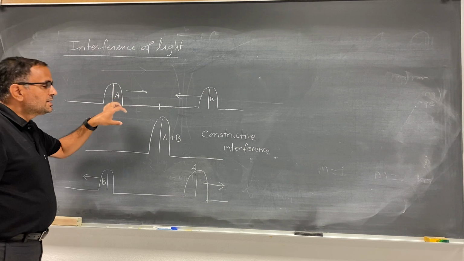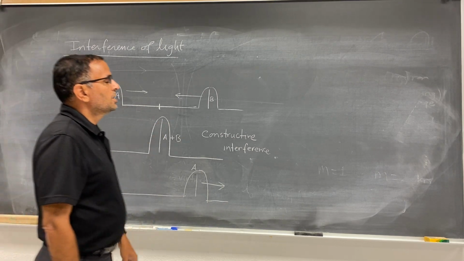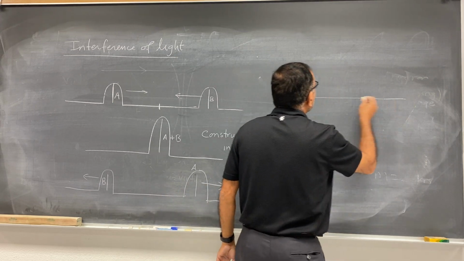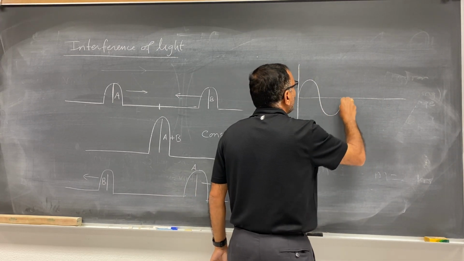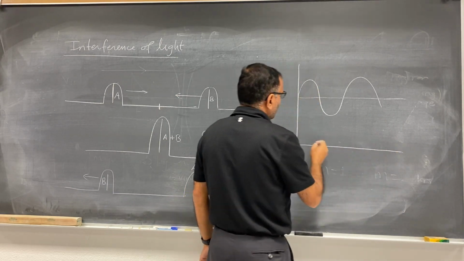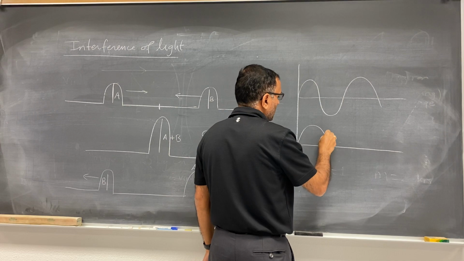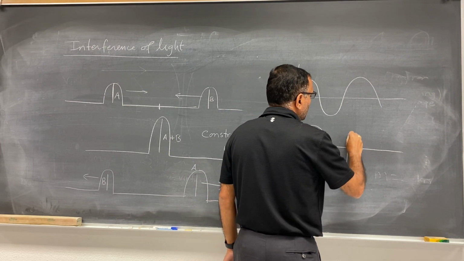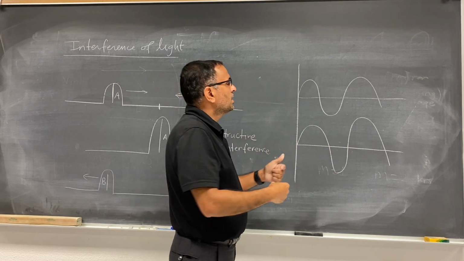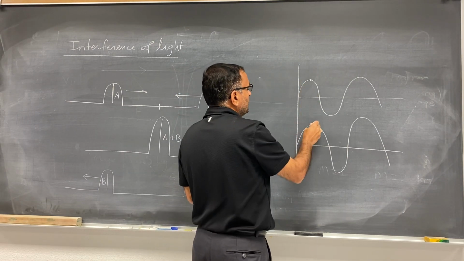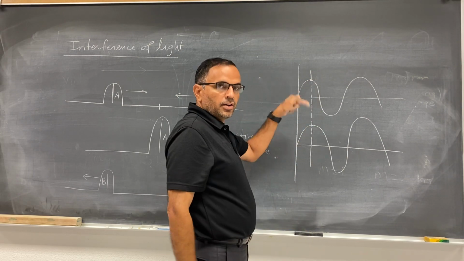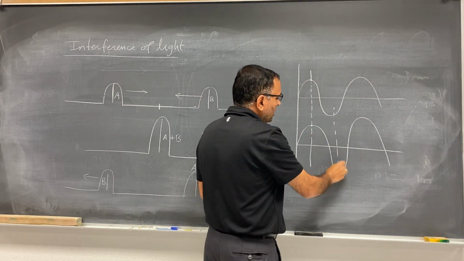Okay, the same phenomenon, constructive interference, if you want to use a different way, a different wave diagram, you can do this. This is one wave, and another wave, let us suppose, is also similar. If they mix up, this is a crest and this is a crest, the crest falls on the crest, and this trough falls on the trough.